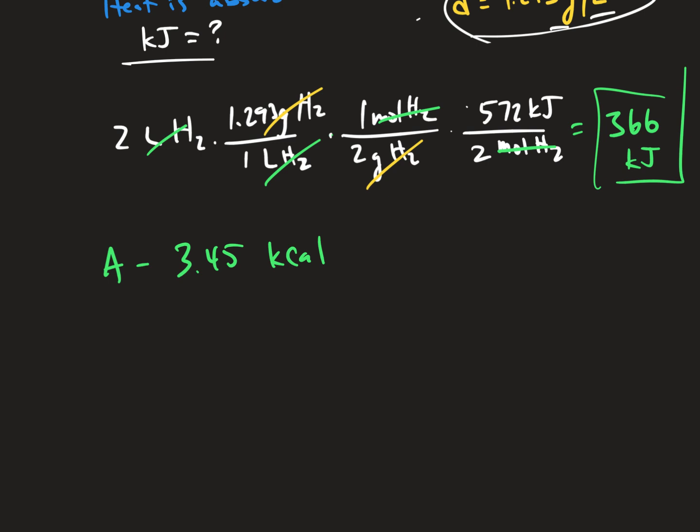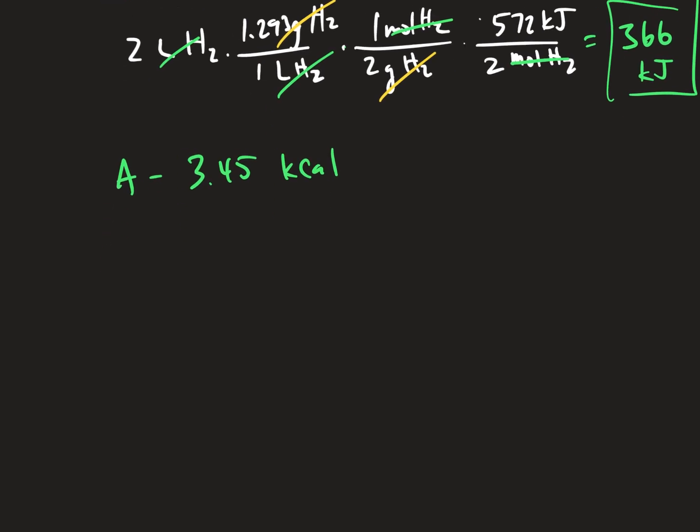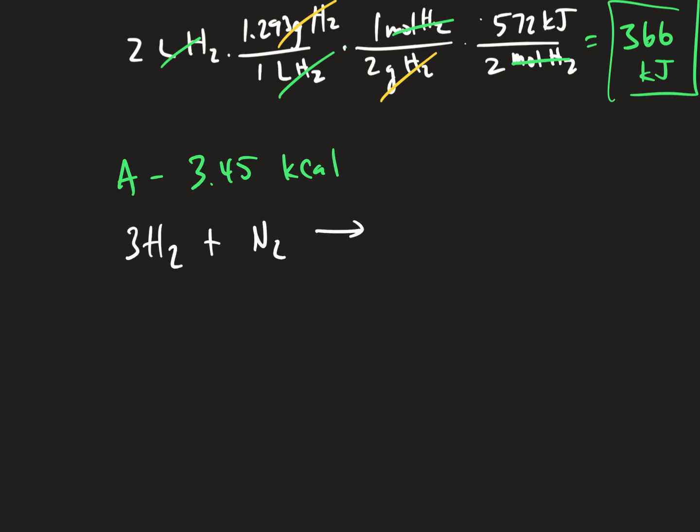So first of all, we have a balanced equation here. We have 3H2 plus N2 gives us 2NH3. Now, do you want to put the kilocalories in the equation or no?